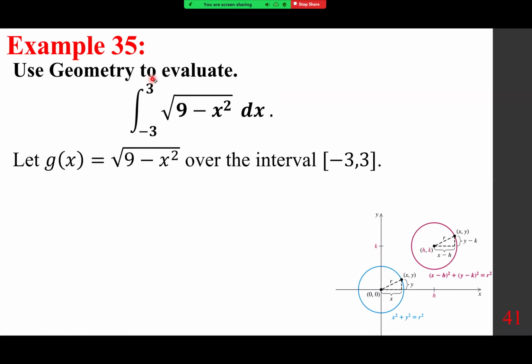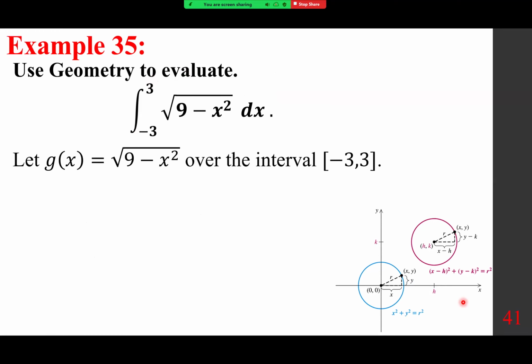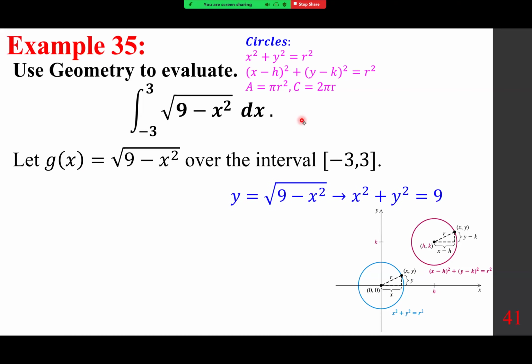And we remember circles. If it's centered at 0, 0, the standard form is x squared plus y squared equals r squared. If it's not, it's x minus h quantity squared plus y minus k quantity squared equals r squared. So g of x, or y, is the square root of 9 minus x squared.